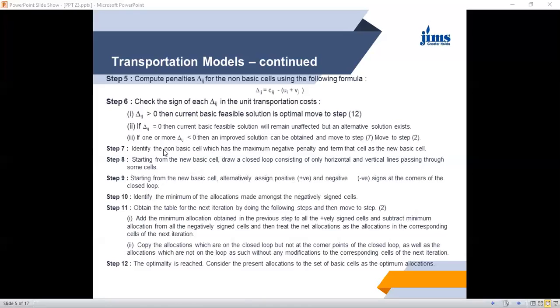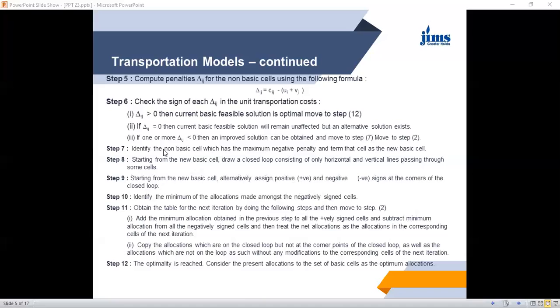I have already told you at the beginning of the lecture that here in this case we trace only one closed path, for the most negative unoccupied cell. Whereas in the stepping stone method, we were required to trace the closed loop for all unoccupied cells. So that was a very clumsy, very lengthy process.